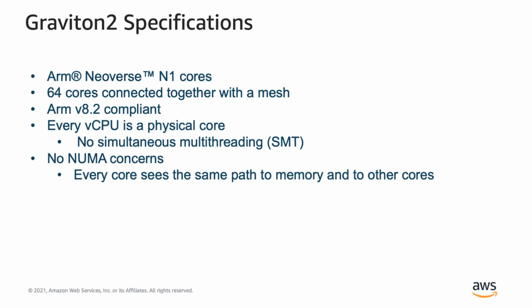The great thing about this is standard compiler suites, GCC as well as the ARM compiler and others, have optimizations for the N1 core. And so there are 64 of these N1 cores on a Graviton 2 chip. Great part here means all the tooling that's out there will work great and is optimized to be able to run on this platform.